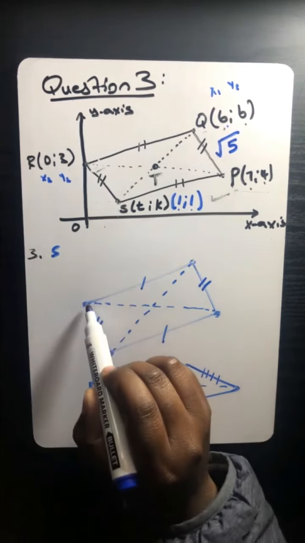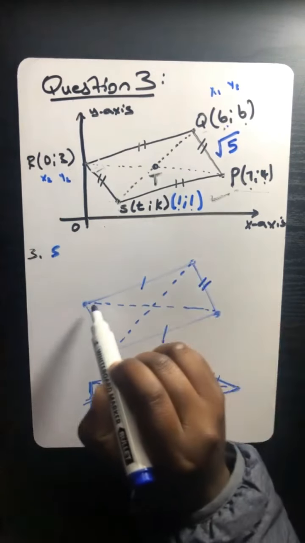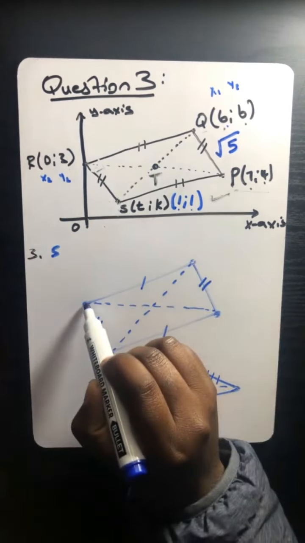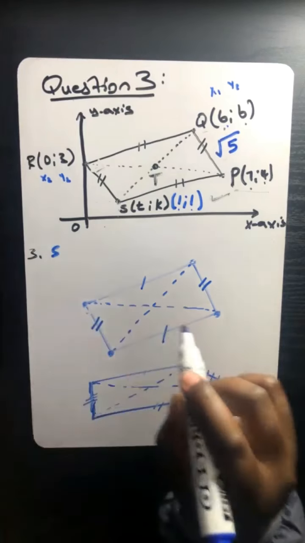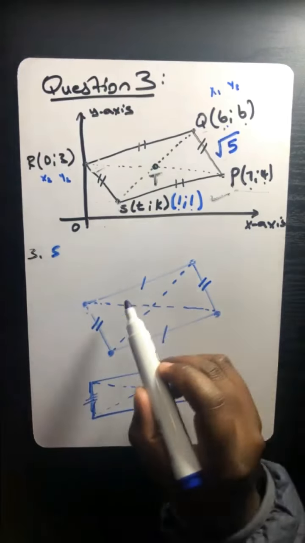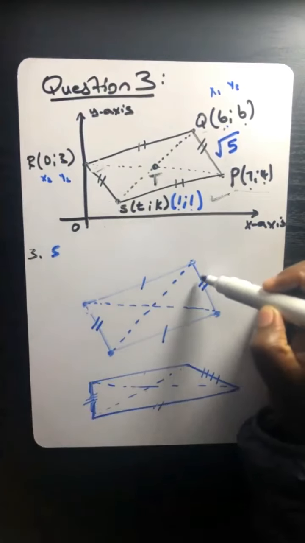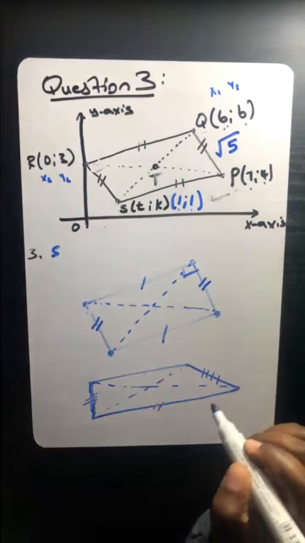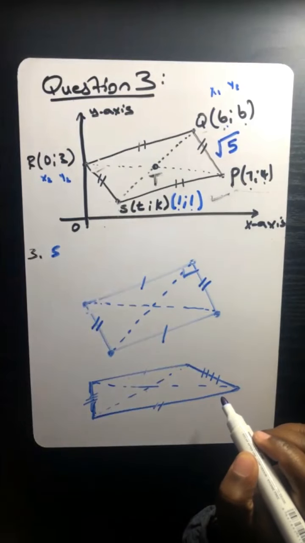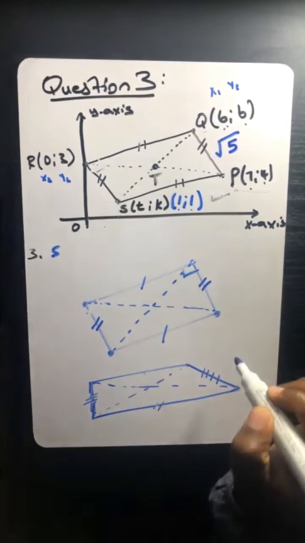It's because the gradient of this line multiplied by the gradient of that line gives a 90-degree angle. If you calculate the gradients, when you multiply, they will be equal to -1, which means they form a 90-degree angle there.